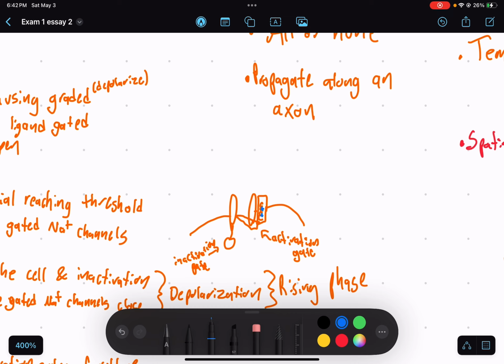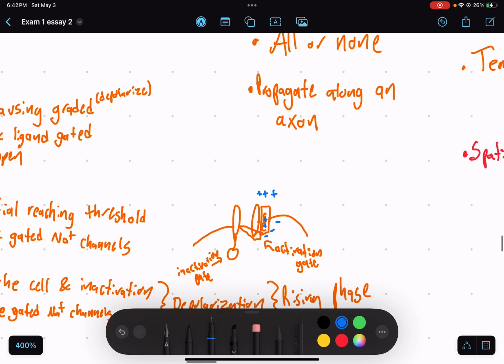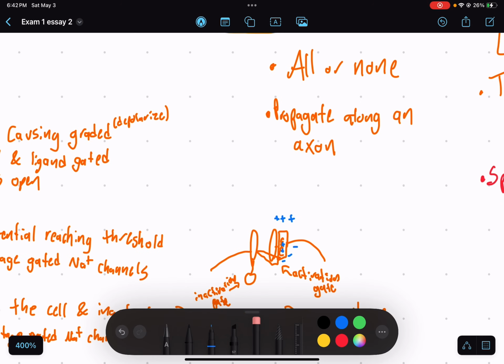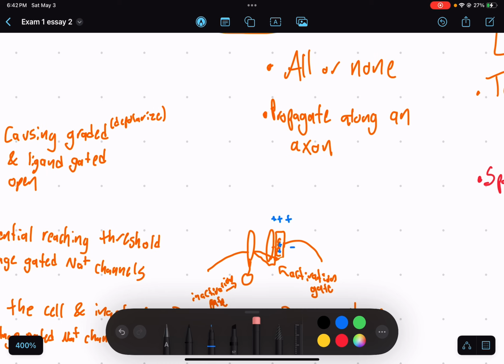So as there's more positives on the outside and more negatives on the inside, that's going to keep that gate pushed down. But as we see with our depolarization event, it is starting to take away some of these negative charges. And it's going to start taking away some of these positive charges.